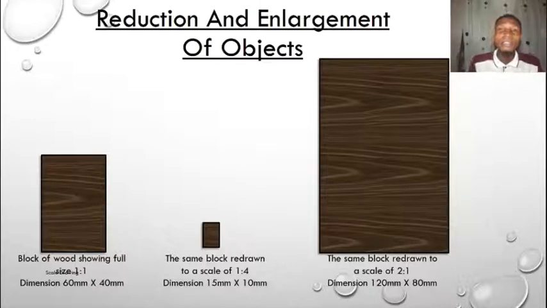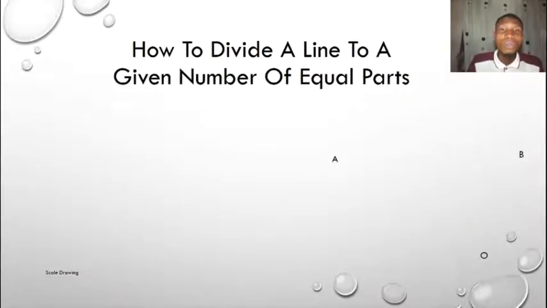Then next, let's see how to divide a line into a given number of equal parts. So for us to do that, let's take note of these steps. The first thing to do to divide a line into a given number of equal parts is to draw the line.